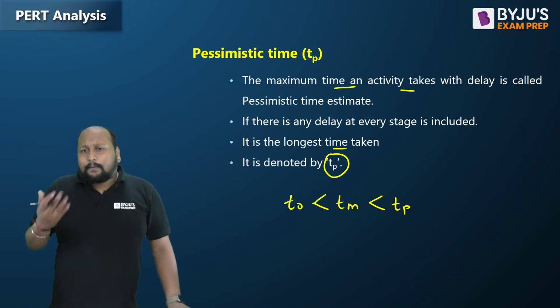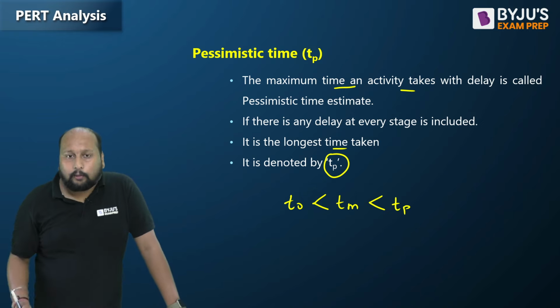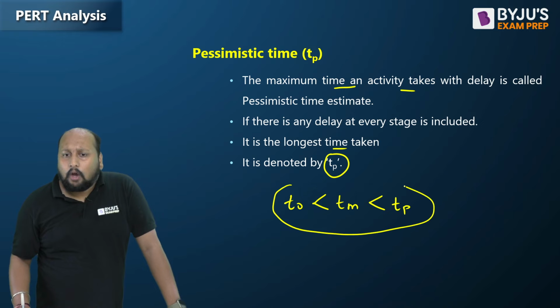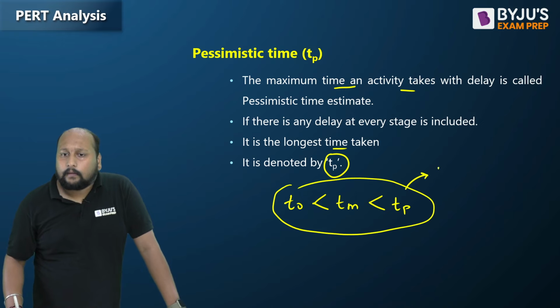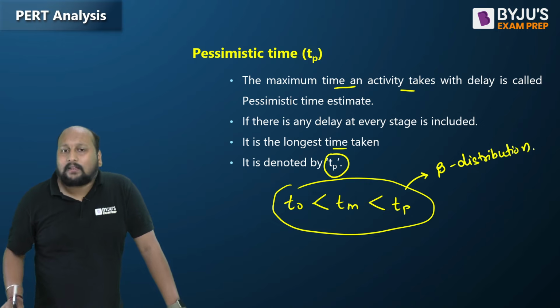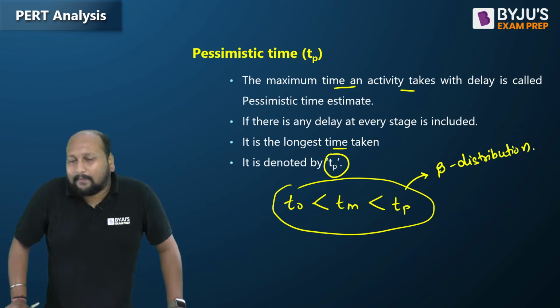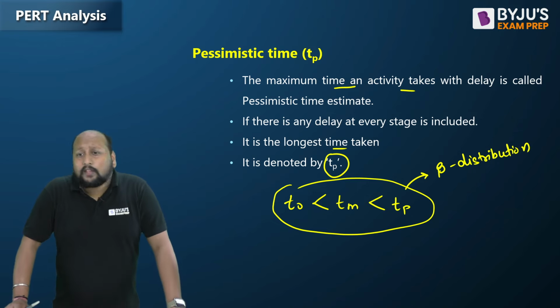Because this is a probabilistic approach, I can surely say all these three time estimates always follow a beta distribution curve. All these three time estimates, that is optimistic, pessimistic, and most likely, always follow a beta distribution.